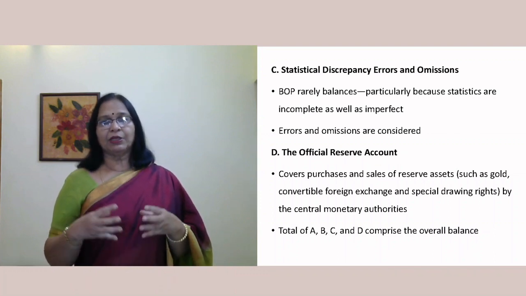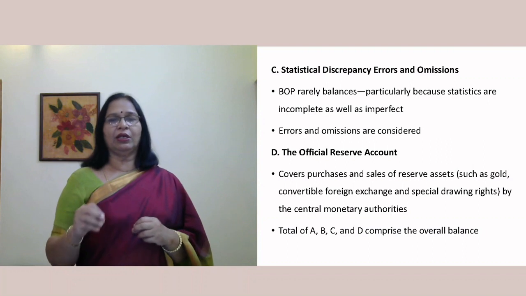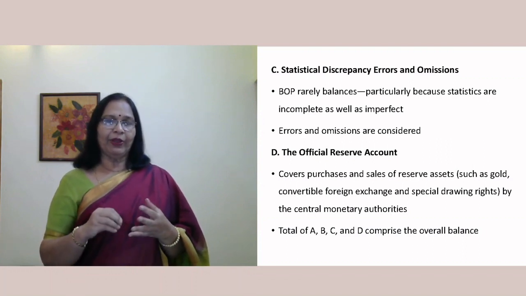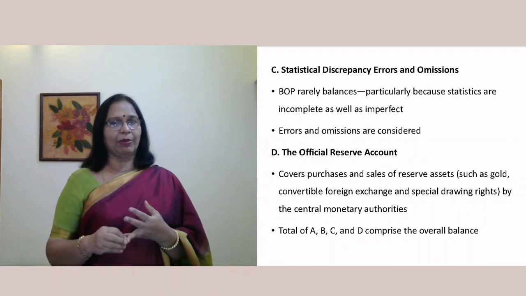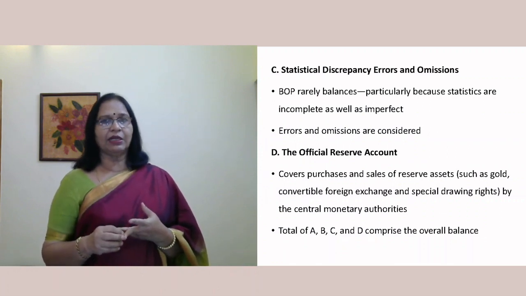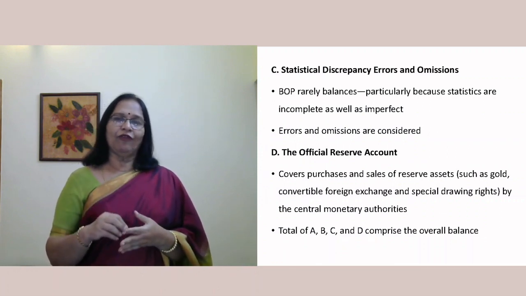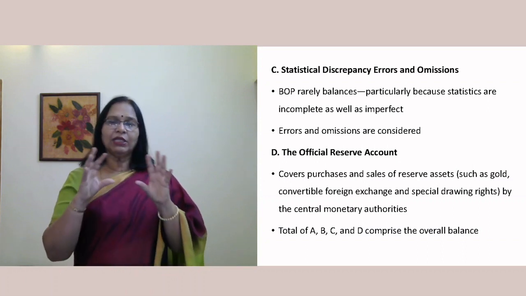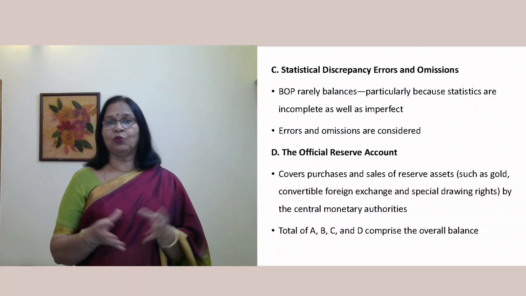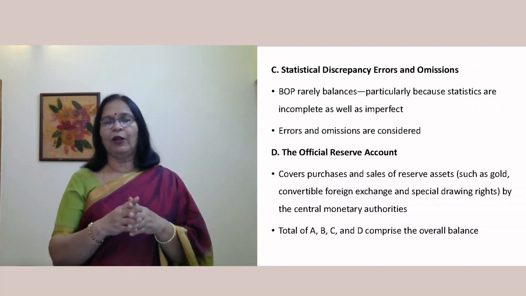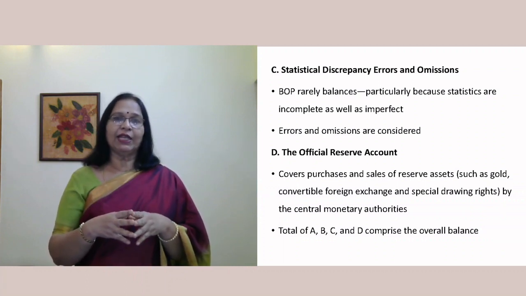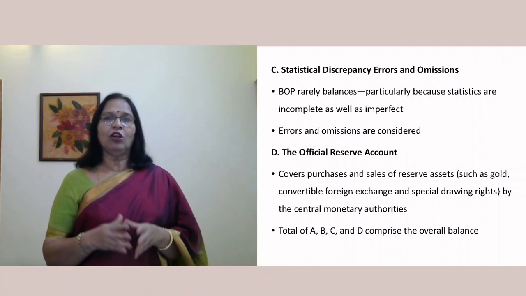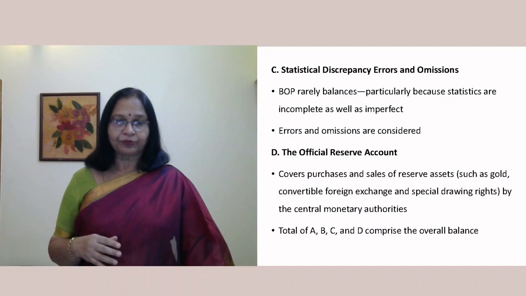So items: A was current account, B was capital account, C is errors and omissions, and D is the official reserve of the country. All these four items together is what is called the balance of payment account. Now, essentially, we say that there must be an overall balance in these four items.